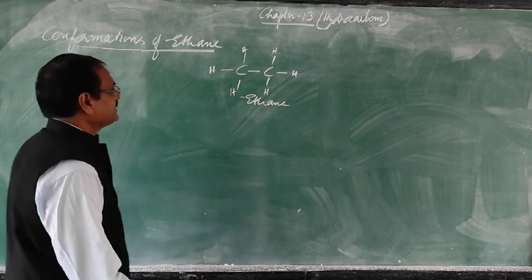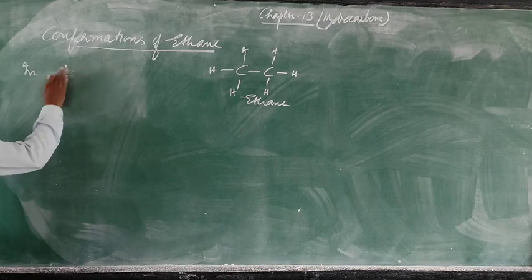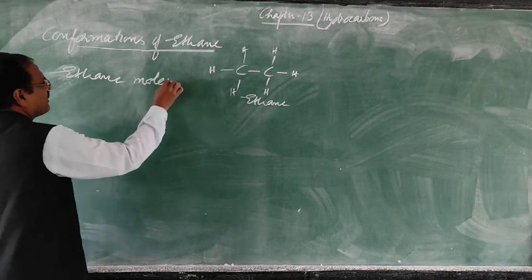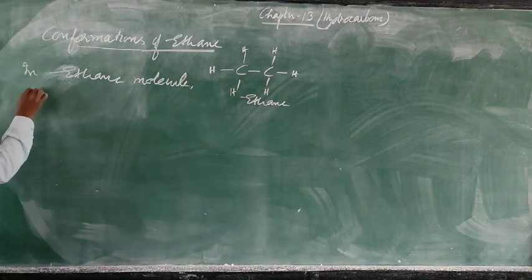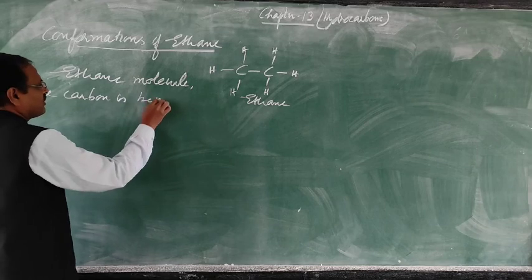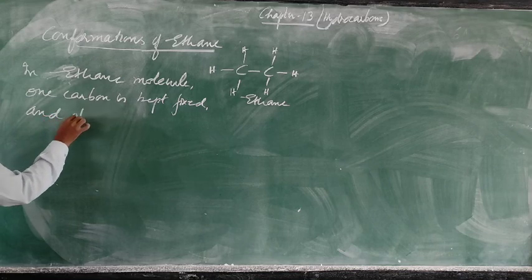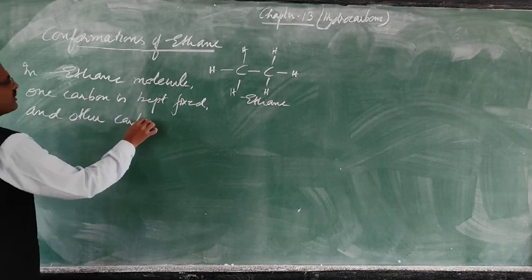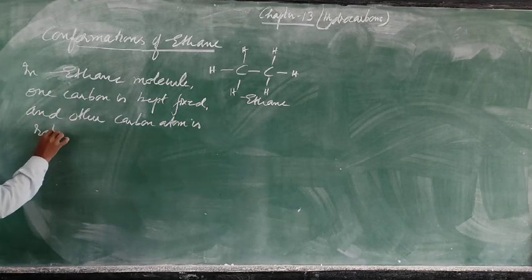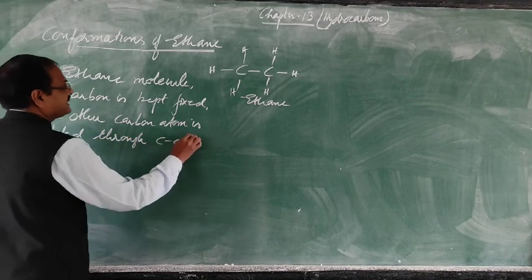In an ethane molecule, one carbon atom is kept fixed and the other carbon atom is rotated through the C-C bond.